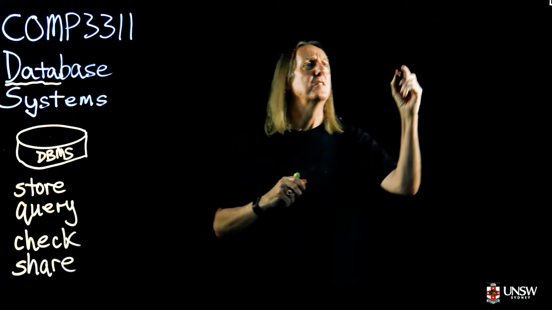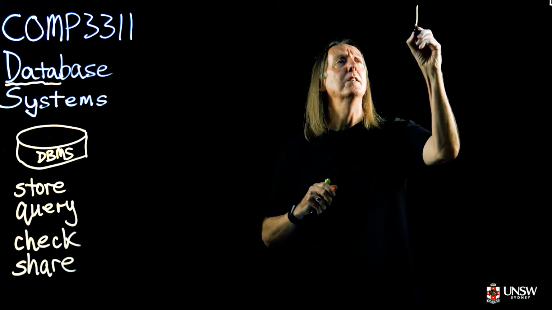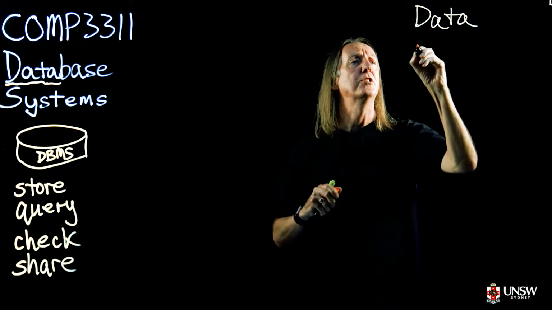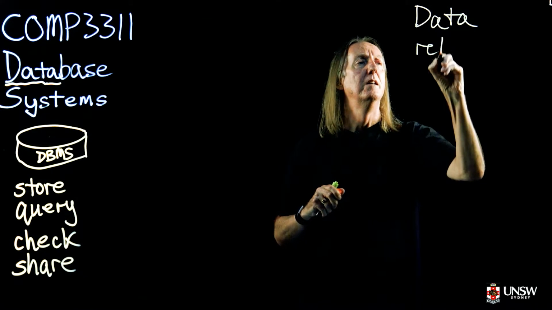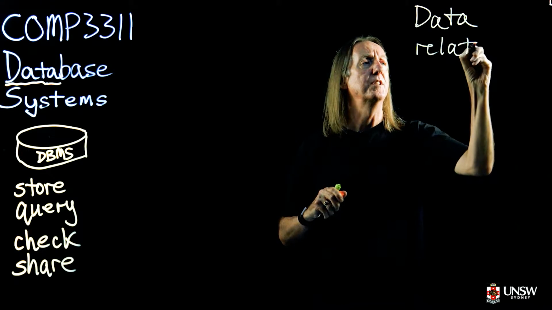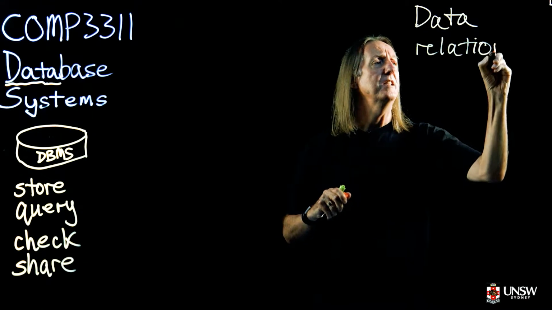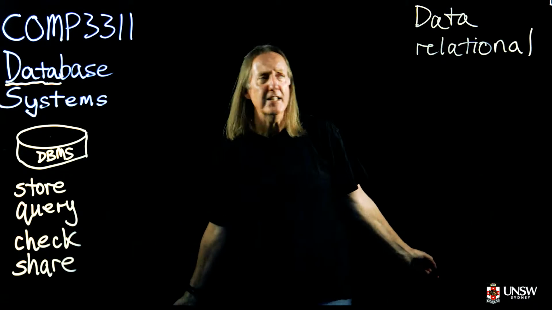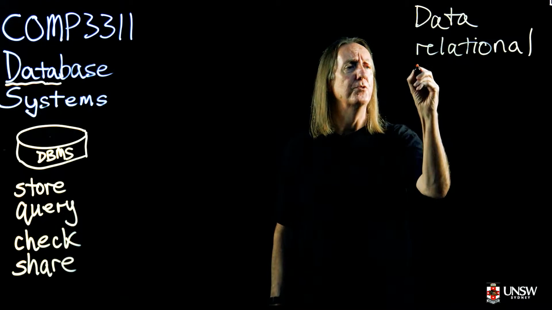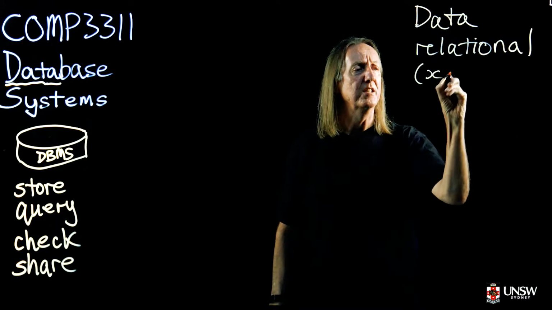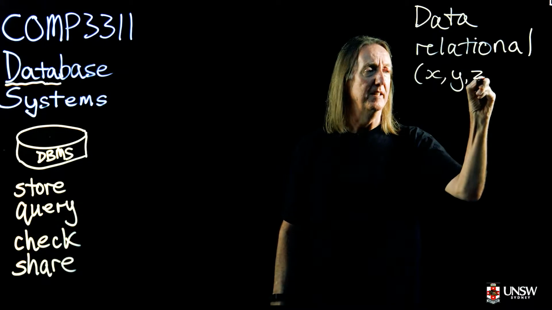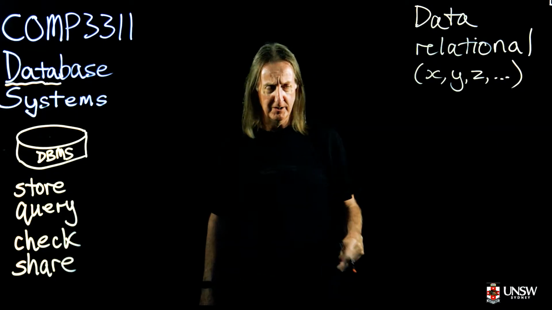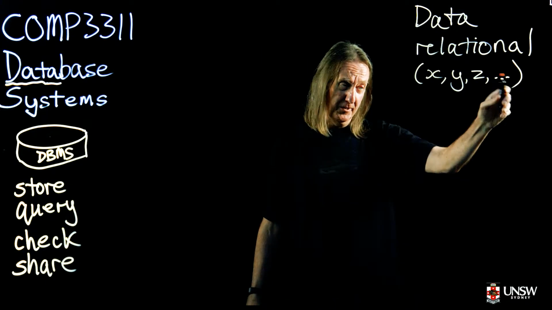All right, so what kind of data are we talking about? We're talking about relational data. Relational data has an extremely simple structure, and basically it's just a vast collection of tuples, where a tuple is just a collection of values. So how many values in a tuple?